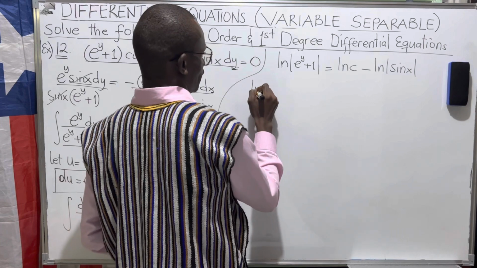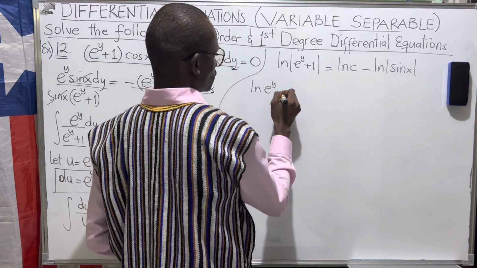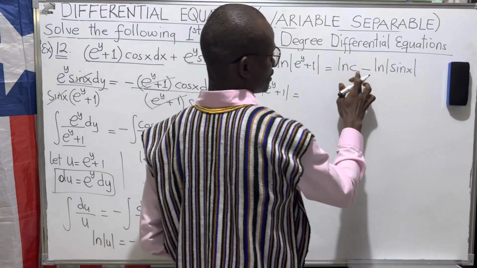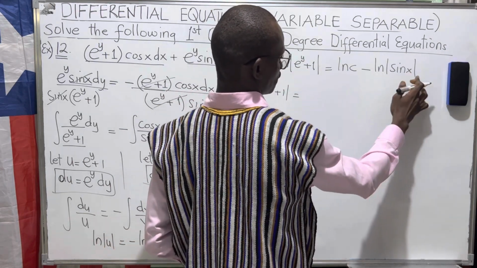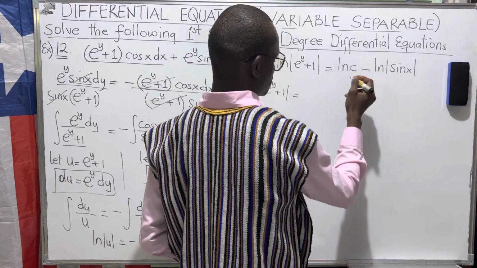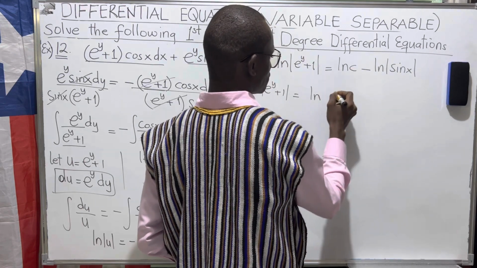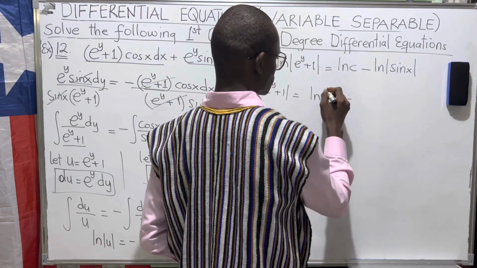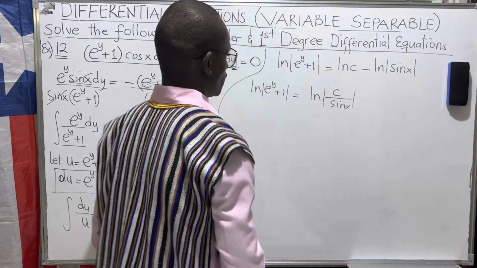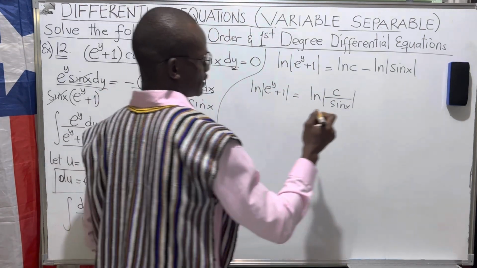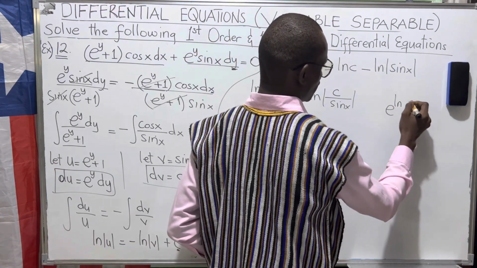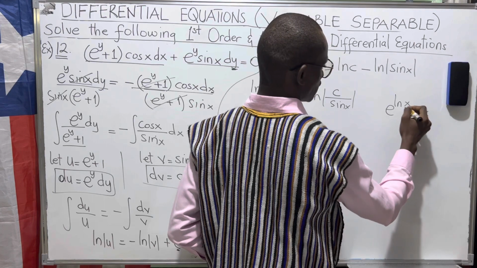So we have the ln of e raised to the power y plus 1 equals ln of c minus ln of this expression, which is just equal to the ln of c all over sine of x. What we need to do next is bring in this property. We know that e raised to the ln of x is equal to x.